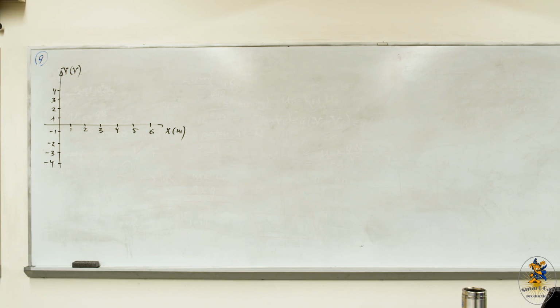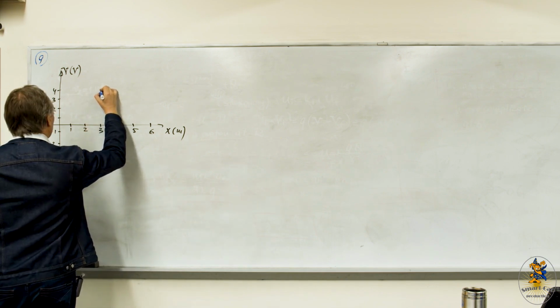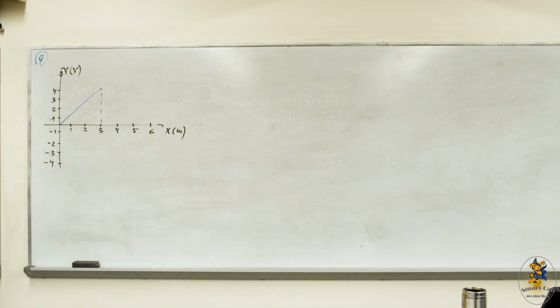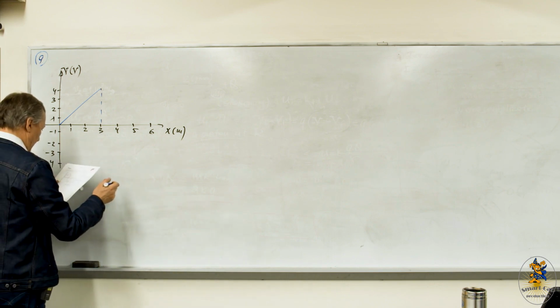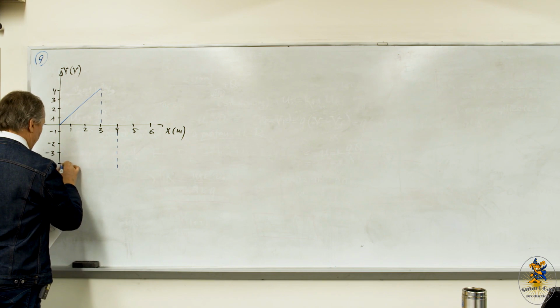Okay, now the plot. So from 0 to 3, it goes up linearly like this. Then over 1 meter, it drops to a negative value.